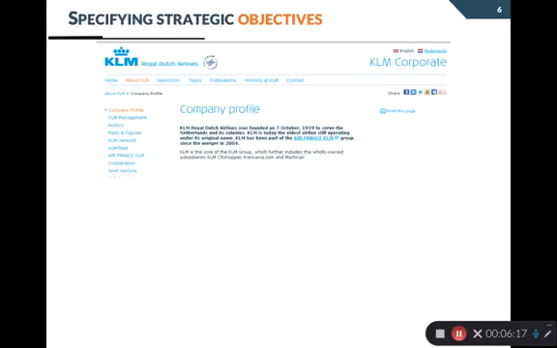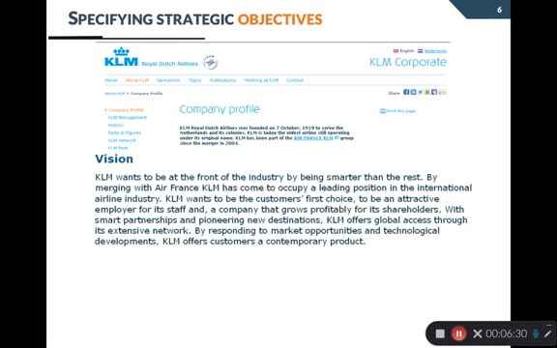KSP starts by asking organizations about their strategic objectives. You go to the website of KLM and you check out the company profile, and there you see the company vision, where you can find the strategic objectives of the organization.